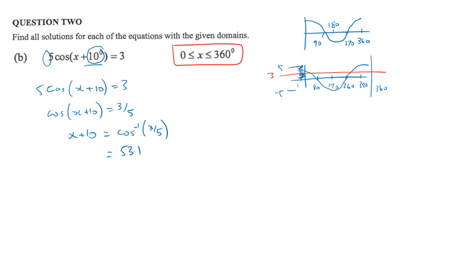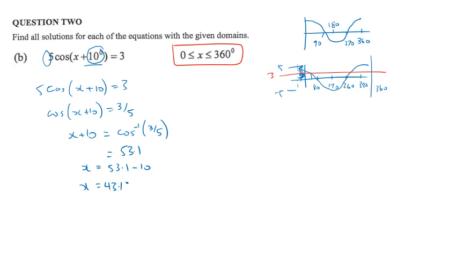Just check that on my calculator. Make sure it's in degrees, which mine isn't, so make sure I put it into degrees. The arc cos of 3/5 is 53. Cool. So therefore x is 53.1 minus 10, which is 43.1 degrees. So this one here is 43.1 degrees.